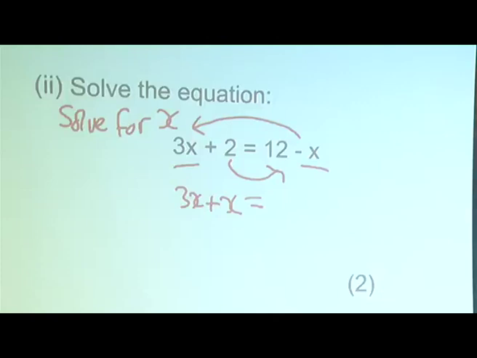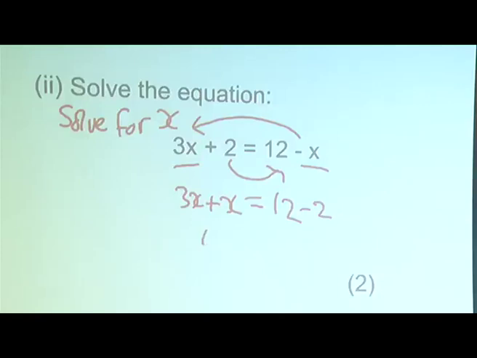This is the x term, and we are collecting them to the left-hand side, and then we have 12. These are constant terms, that is terms without variables. And then we are going to take that, since it is positive, when it gets to that side, it will be negative. And we have collected like terms. That is the first step that you need to take.